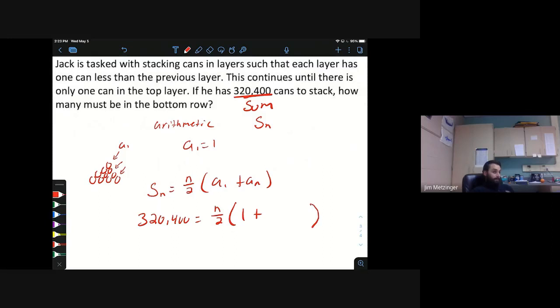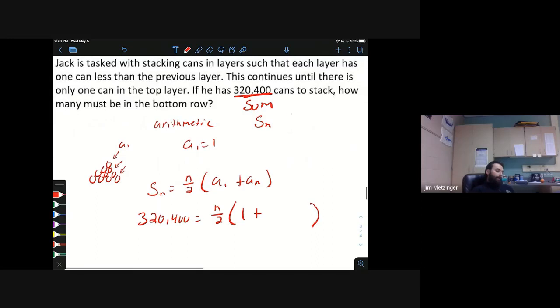We don't know, do we? Remember, we saw a_n before with arithmetic sequences. The explicit formula: a_n equals the first term plus d times (n minus 1).